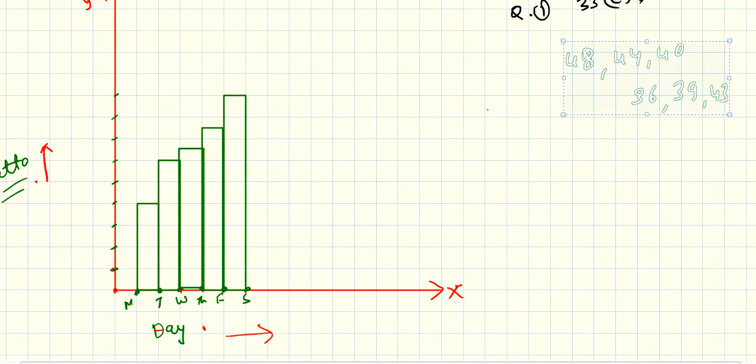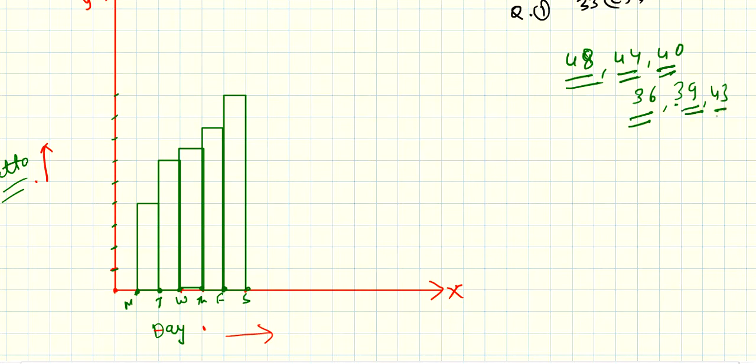As you can see, 48, 44, 40, 36, these 4 numbers are multiples of 4, and these 2 are different. Okay, so you can take a scale of 4 here. So this one is 0, 4, 8, 12, 16, 20, 24, 28, 32, 36, and this one is 40.